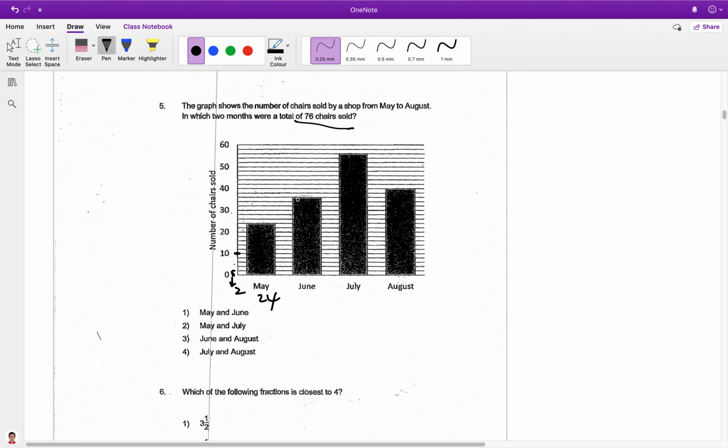This one is 40, so this is 36. July we have 50s here, 1, 2, 3, so it's 56. And for August, we see that it's 40. So which ones make 76? We see that this one, 76, so it's June and August.